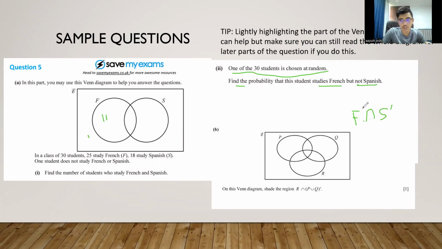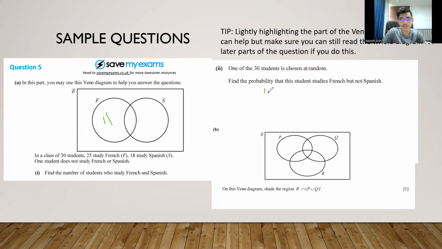But when they say intersection, it means the parts which are common with this entire thing, which is the S complement, and F, so only this part. So as you can see, the only part which is common with S complement and F, the part which is overlapping, is F, which is 11 students who study French.